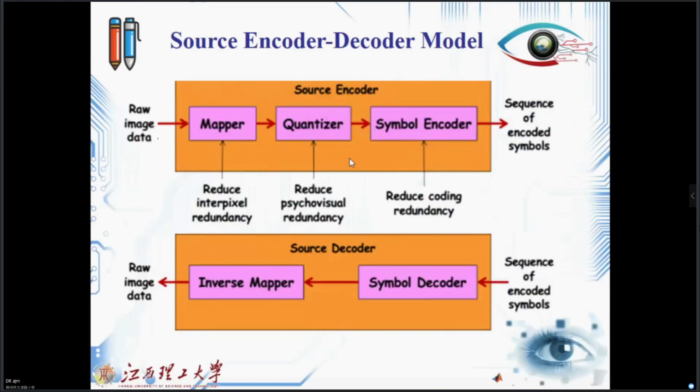Then you have the symbol encoder, which reduces the coding redundancy and produces a sequence of encoded symbols. The other way is the sequence of encoded symbols, then the symbol decoder, then the inverse mapper, and the raw image data comes out, as a two-way road from the original to the compressed one and from the compressed one back to the original or decoded one.